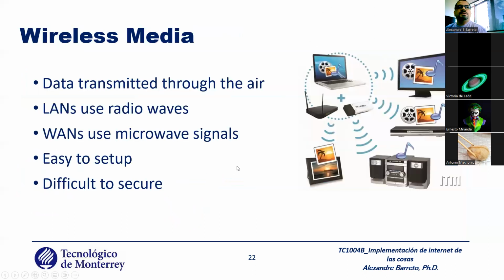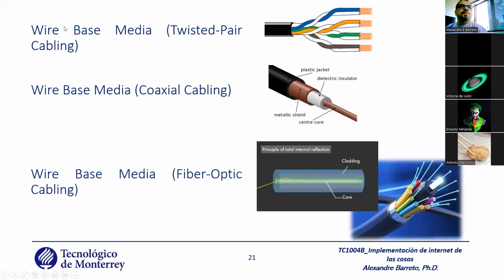The last one is the wireless. The copper cabling transforms information into an electric pulse. The fiber optic transforms information into a pulse of light.